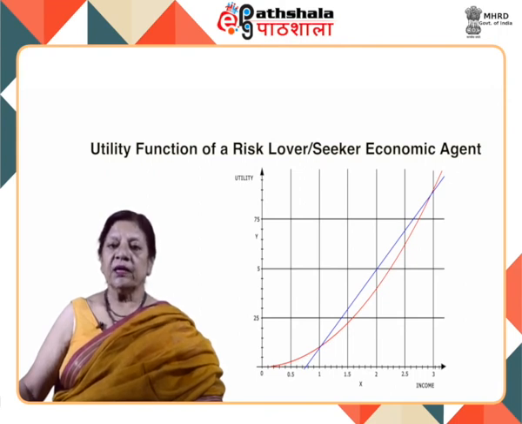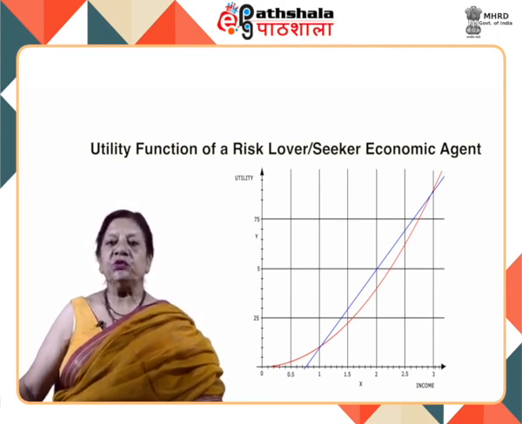This then is the utility function representing the preferences of a risk seeker. An excess of income from the expected income of 2 units to 3 units weighs more on the agent's mind than an equivalent decline from the expected income of 2 units to 1 unit of income.